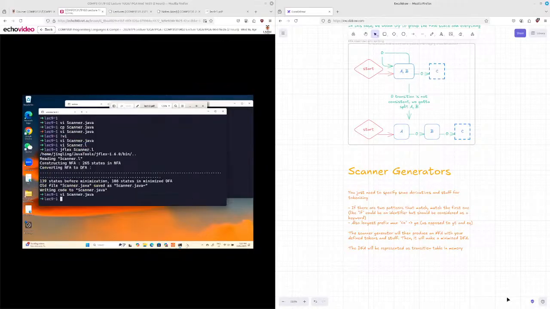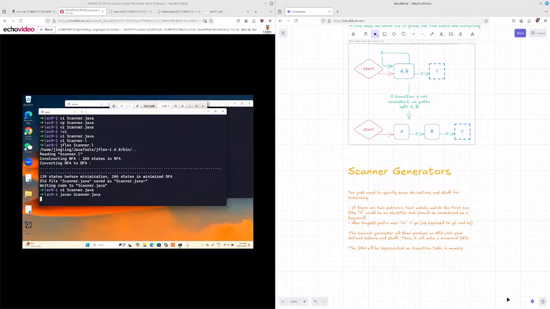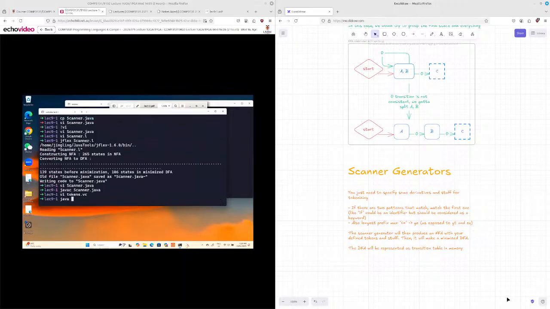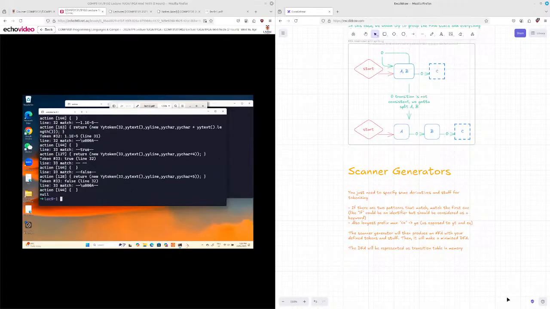Now, if we compile and run this, remember this is our normal test case. It's just going to dump the tokens. Okay, that's fine.